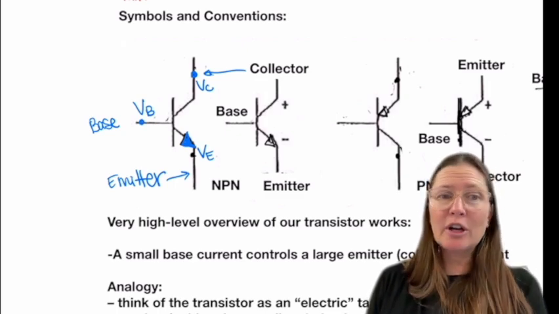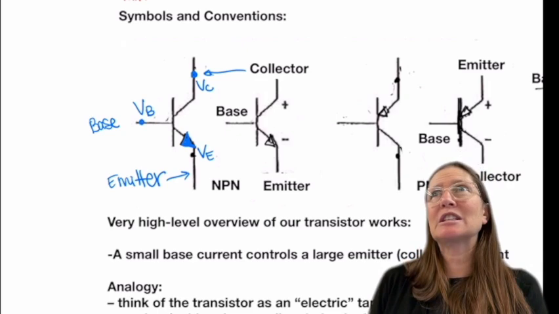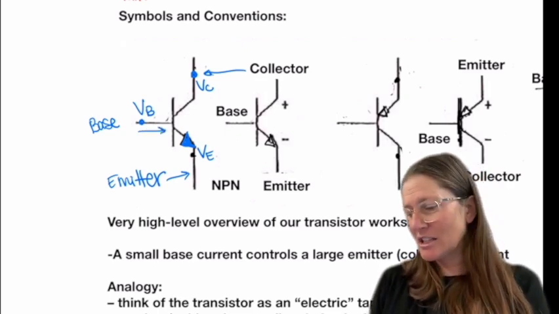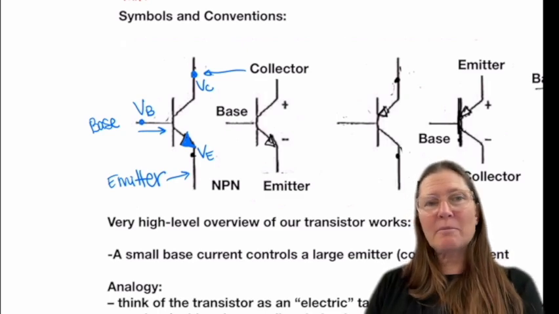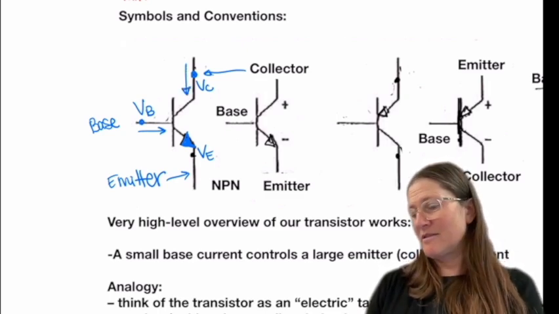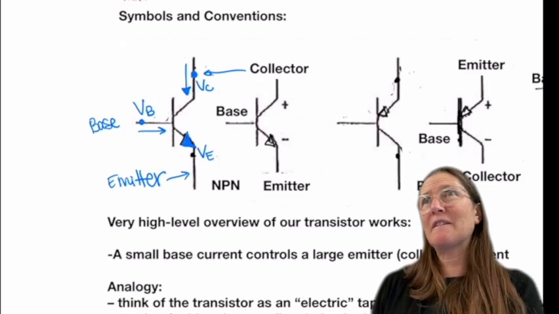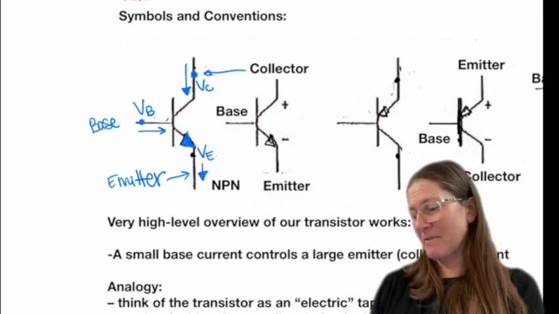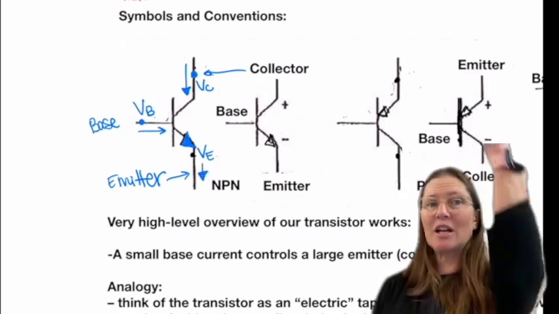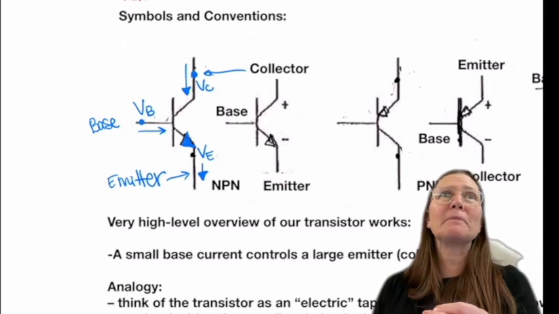Does current go in or out at the VB location? In, correct. And down or up for VC? Down. And down or up for VE? Down. So VB turns it on, and then the majority of the current flows from the collector to the emitter.